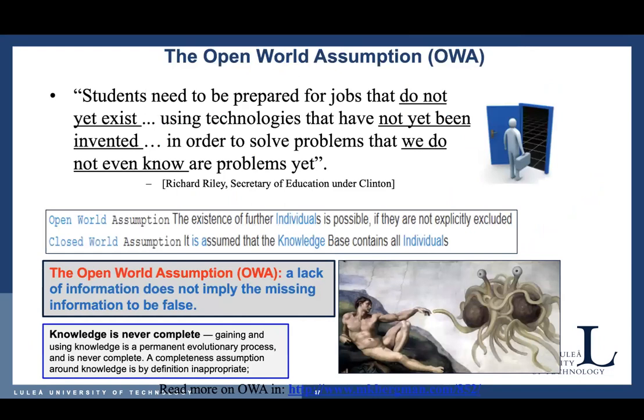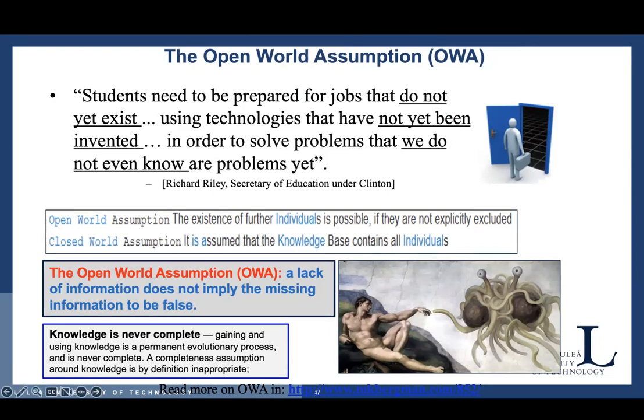Moreover, another keyword we are using, and this is a major departure from the technology we had at the beginning of the year 2000 or so: we are transitioning towards the so-called open world assumption. This is also crucial.